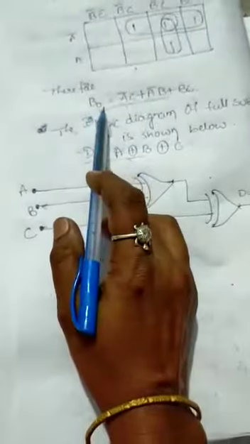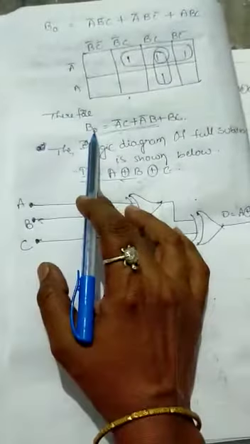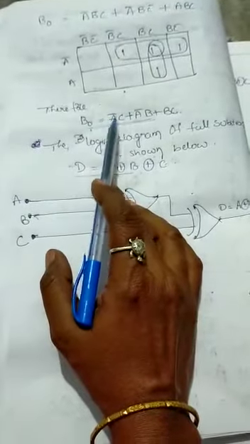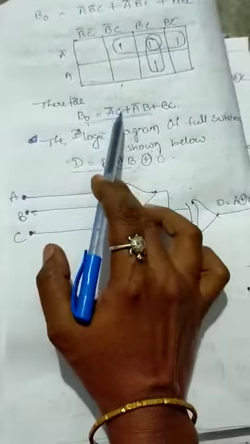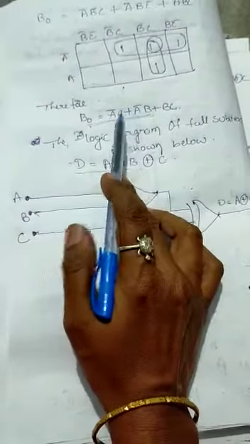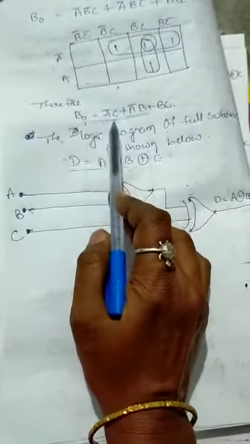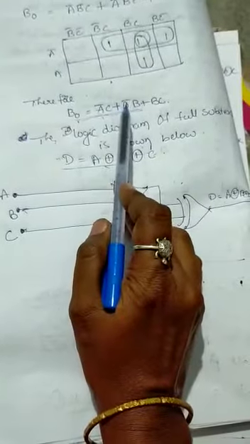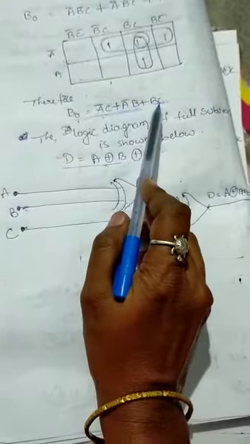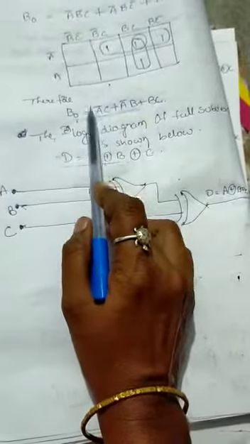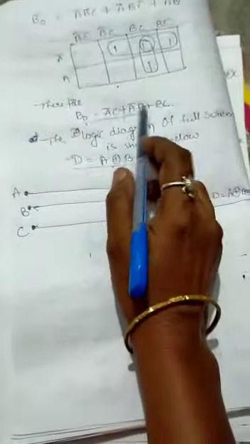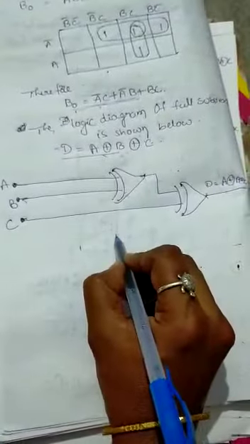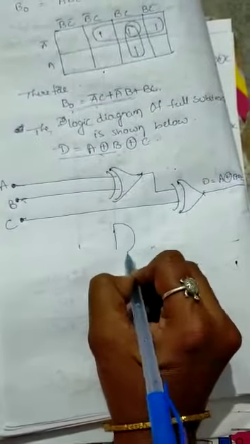Again, what is the expression for B naught? Here we can observe that we have a relation with AND and OR. First we take the AND operations: A bar C plus A bar B plus BC. First, consider A bar into C. How many ANDs? 3. Totally we need 3 AND gates.